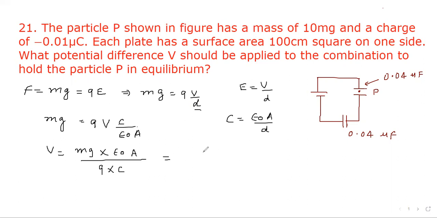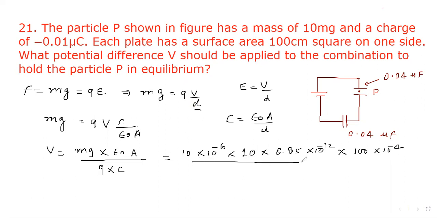We put the values. So m is given as 10 mg, so 10 times 10 power minus 6 into g is 10, multiplied by epsilon naught 8.85 into 10 to the power minus 12 times area of the plate, so 100 centimeter square, that is 100 into 10 power minus 4, whole divided by charge on the particle, that is 0.01 into 10 to the power minus 6, into capacitance.